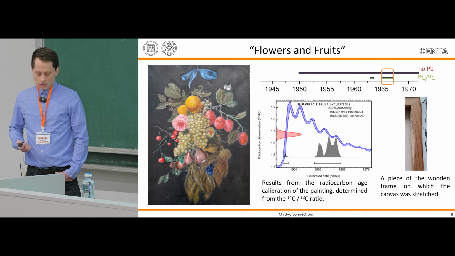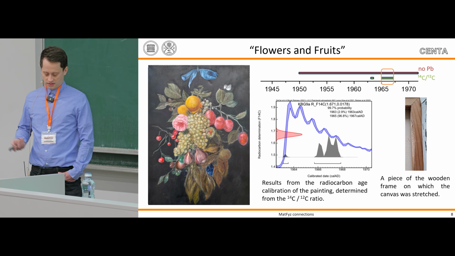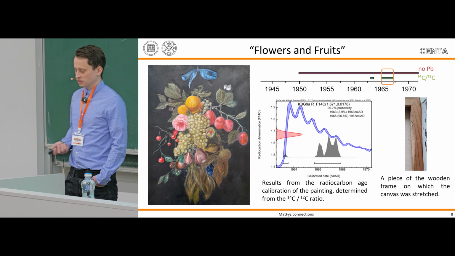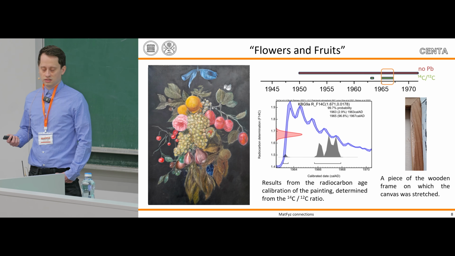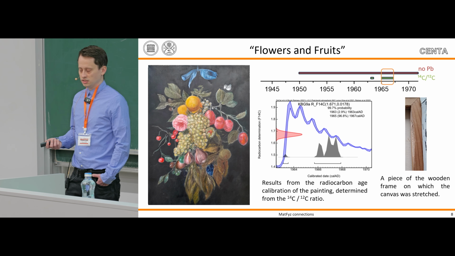The determined radiocarbon age combined with a calibration curve yields the interval of 1965 to 1967. This interval represents the probable time when this picture was created.